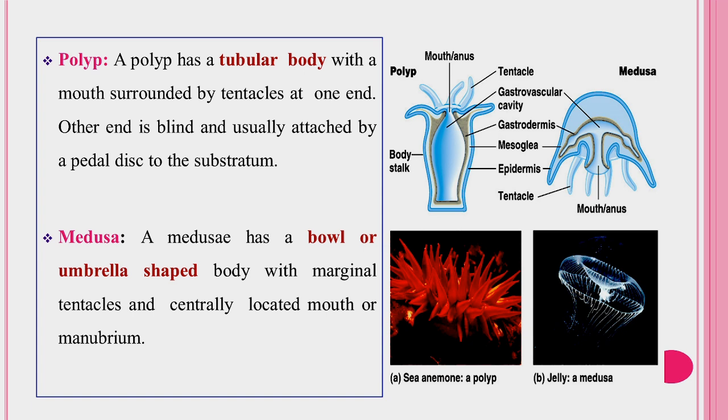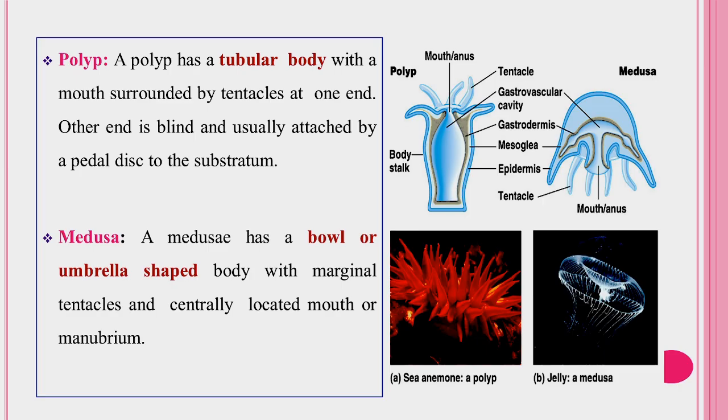In a polymorphic colony, there are two types of zooids. One is the polyp and the second one is the medusa. These polyp and medusa perform various functions. Polyp is a tubular body consisting of tentacles at the anterior part of the body, and in between the tentacles there is a mouth.